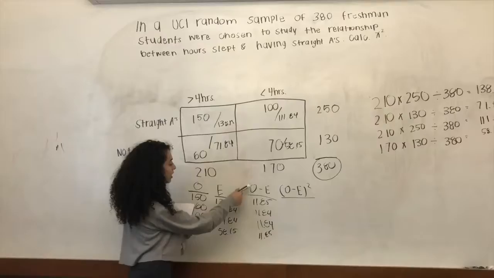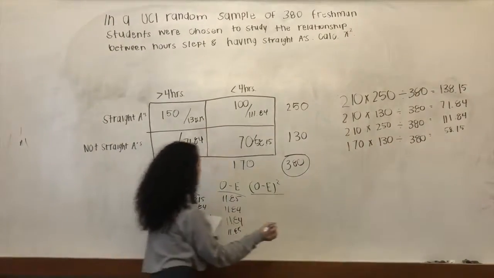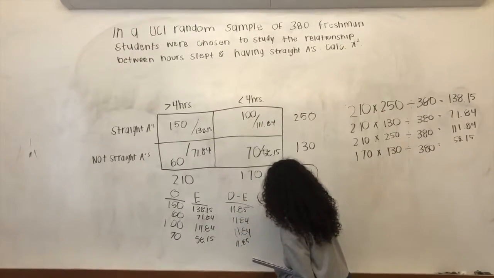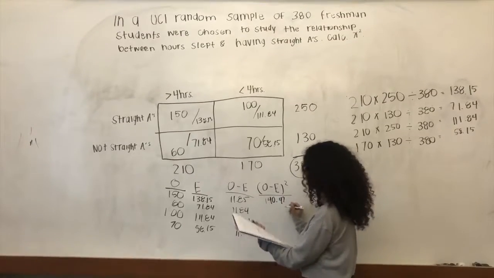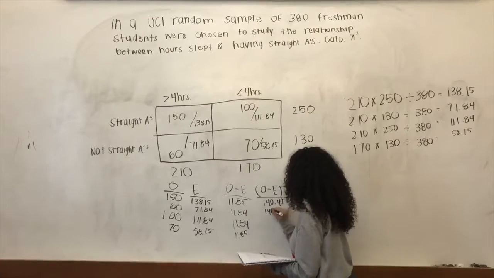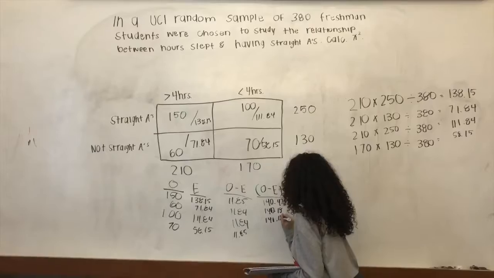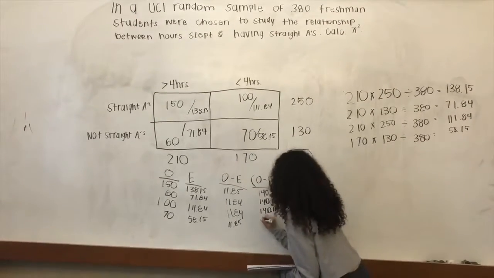So after calculating O minus E, we're going to square O minus E, and this is going to equal 140.42. The second one is going to be 140.18. The third one is going to be 140.18 as well. And keep in mind that these numbers end up being similar to one another.